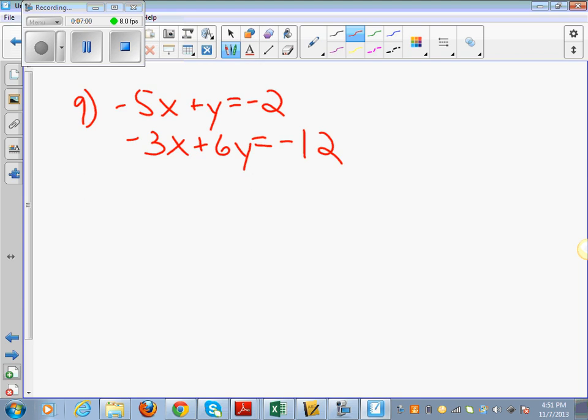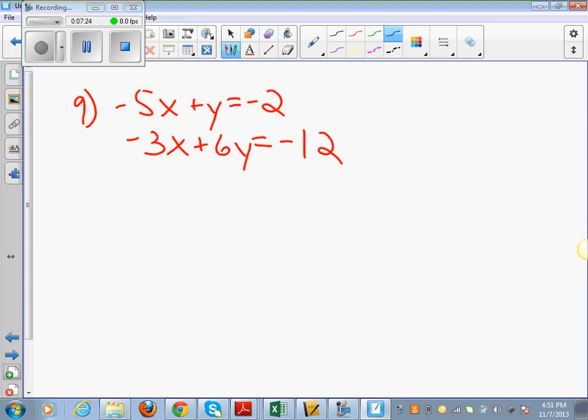So in this case, neither one of these equations is set up where we have x equals something or y equals something. So we have to rewrite one. And the one I want to pick is one of the equations that has a variable without a coefficient in the front, because I don't want to have to end up dividing by anything.